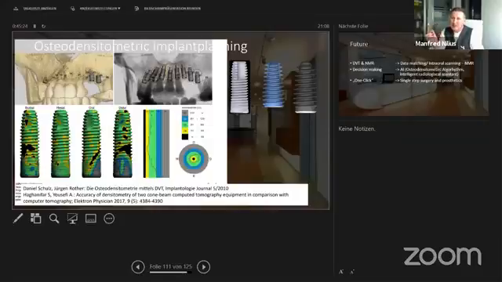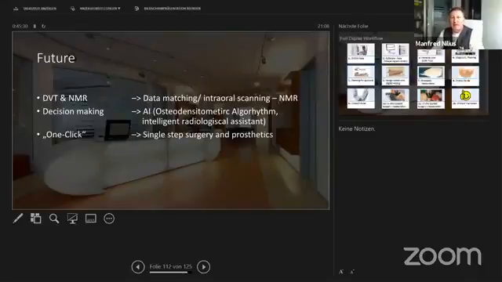So when you have the right implant for the right position, it is almost possible to have an immediate loading. So the one-click mentality allows for single-step surgery, and digital backward planning allows for immediate prosthetics. That will change. That will be very fast, now or in the future. But the future starts now.